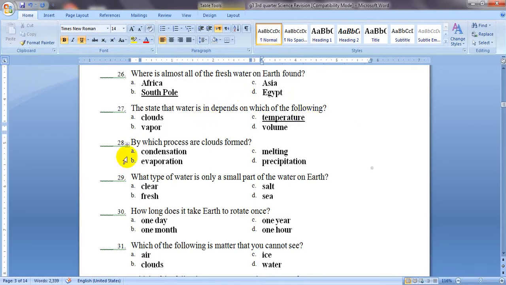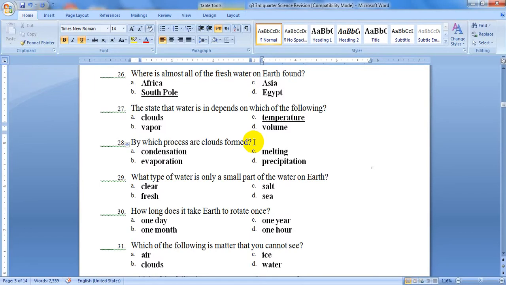The next question, 28. By which process are clouds formed? Let's remember the water cycle together. First, the heat of the sun will move to the liquid water in the ocean, and it will cause evaporation. The water vapor will fly up with the air, and then the more it gets higher, the cooler the air is, so it will condense and form clouds.